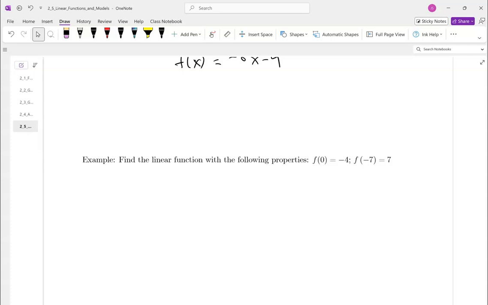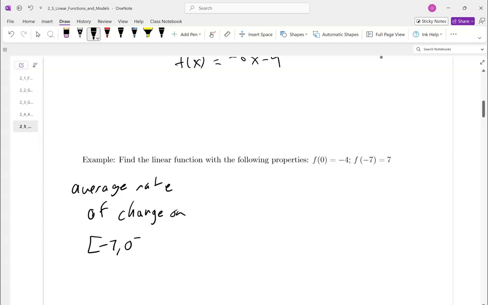Okay. So one of the ways that we can figure out the slope, and you probably already know how to do this, but let's tie it to things that we've already talked about. Let's tie it to average rate of change, because we know for linear functions, average rate of change is the slope, right? So if I asked you for this one, what's the average rate of change on the interval -7 to 0?